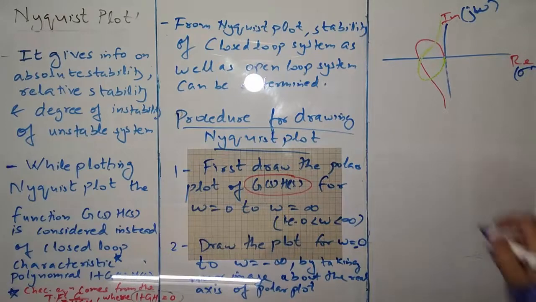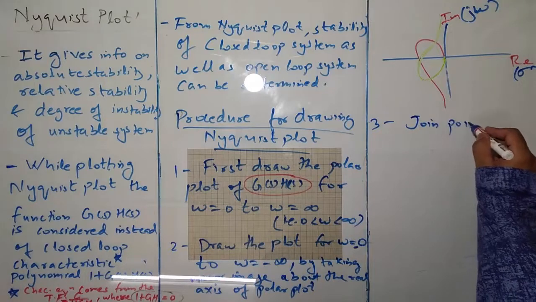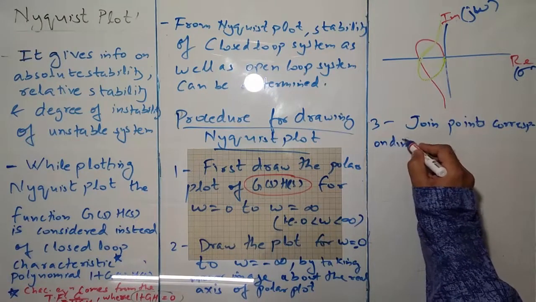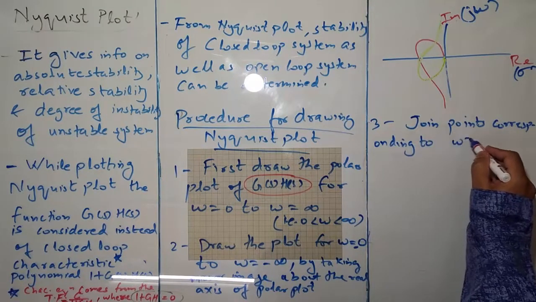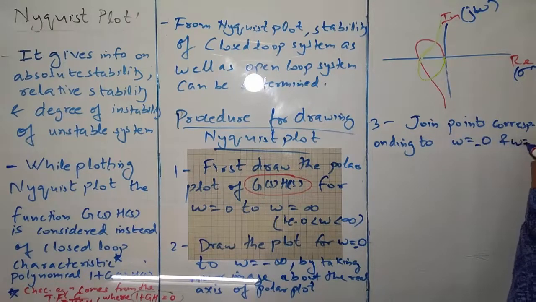Now follows the third step, which says that we'll have to join the point corresponding to 0 for the positive side of omega and 0 at the negative range of omega. So let's write this: join points corresponding to omega equal to minus 0 and omega equal to plus 0.